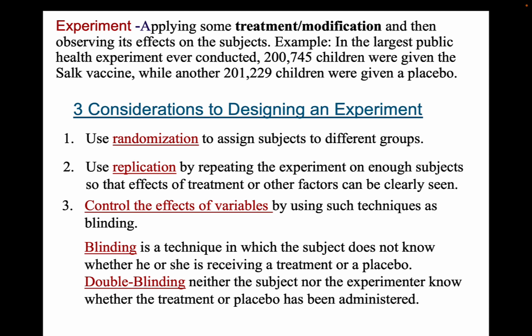And this is an effective technique to help control the variables, because not only does your subject not know if they have the sugar pill or not, and therefore they won't respond based on that knowledge, but the person observing them, interviewing them, or reading their answers afterward also isn't aware if that subject had the real treatment or the placebo, so they wouldn't be looking at their results in a jaded way, if you will.